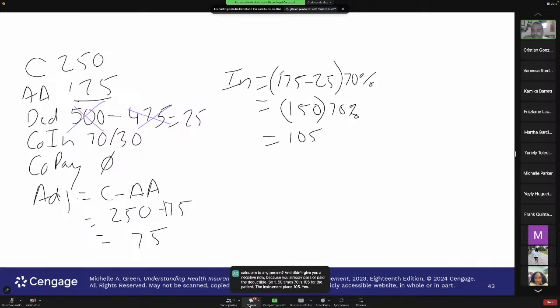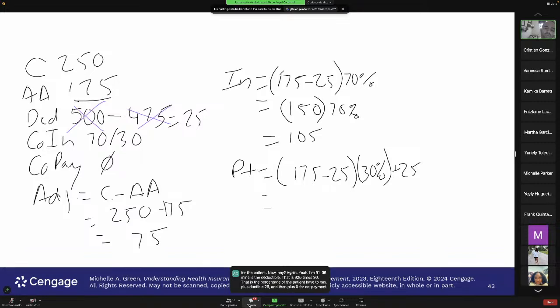So now the new deductible for the future service is going to be 25. But after this one, it will probably be paid. So let's see what the patient has to pay. The patient now pays the allowed amount, 175, minus the deductible, that is $25, times 30%, that is the percentage that the patient has to pay, plus deductible, 25, and then plus 0 for copayment.